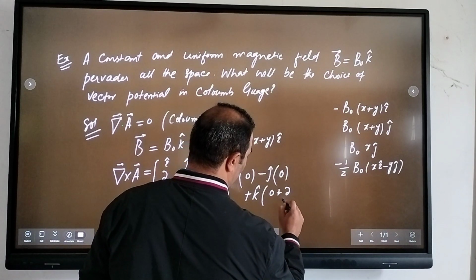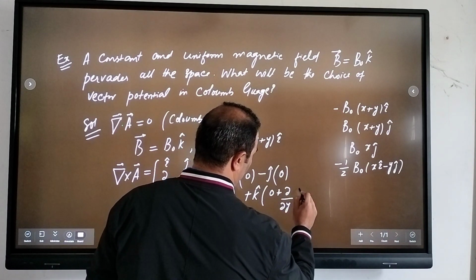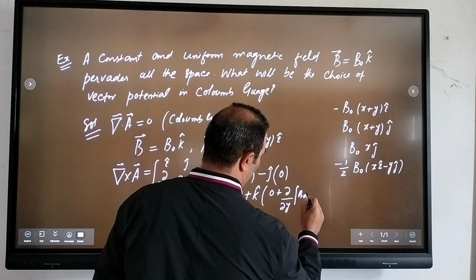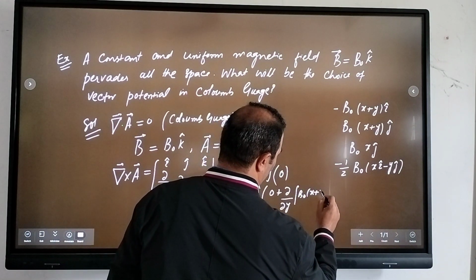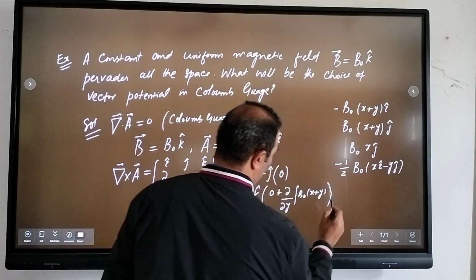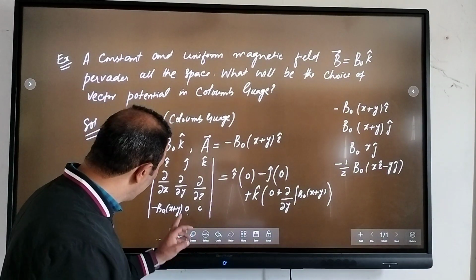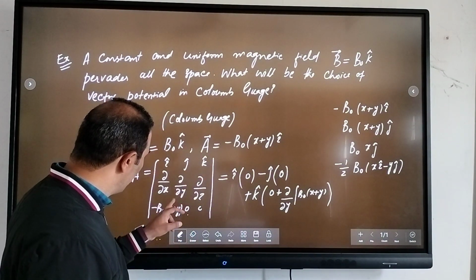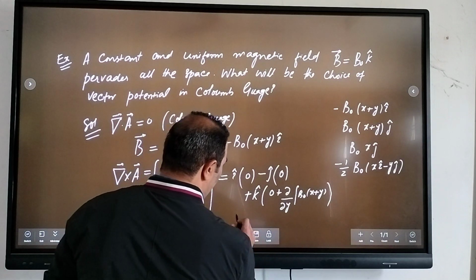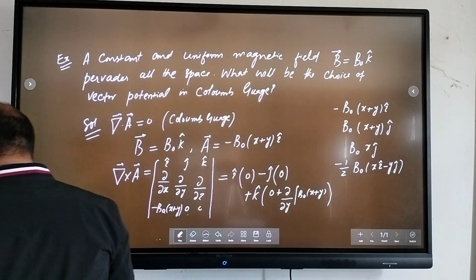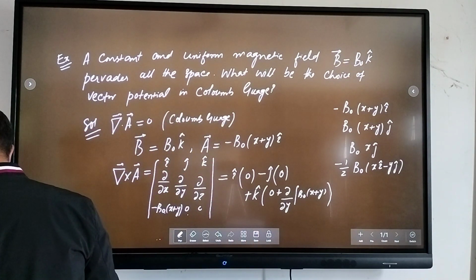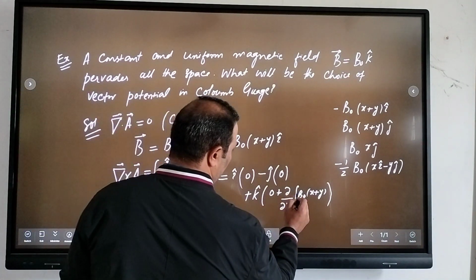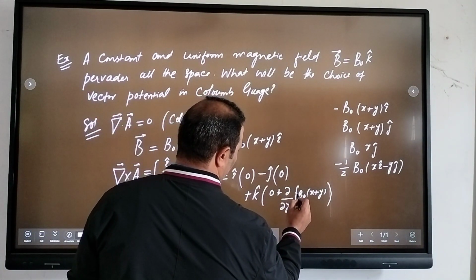That will be plus partial by partial y into B naught of (x plus y). Okay. So it's clear because when you take the k component, this will be 0 and this will be plus. So we get here, this is minus here. This should be minus here.